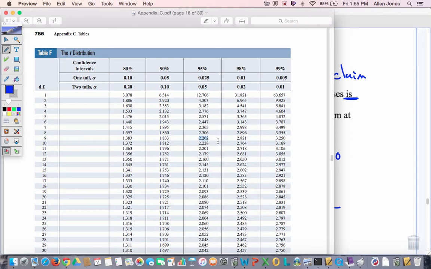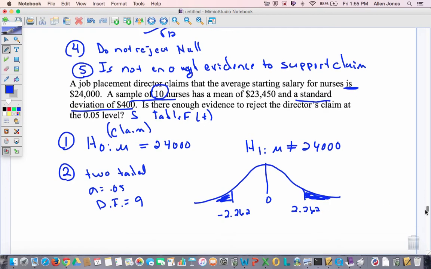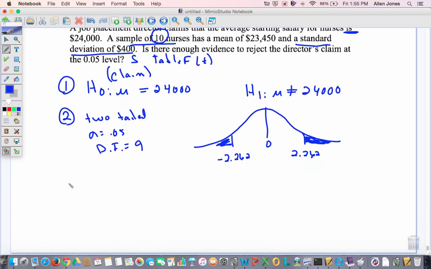So make sure we note that we had a two-tailed test. And we have 9 degrees of freedom, and that gets us 2.262. So on our curve, we have negative 2.262 on this side and a positive 2.262 on this side, which will then allow us to move on to calculating our test score.